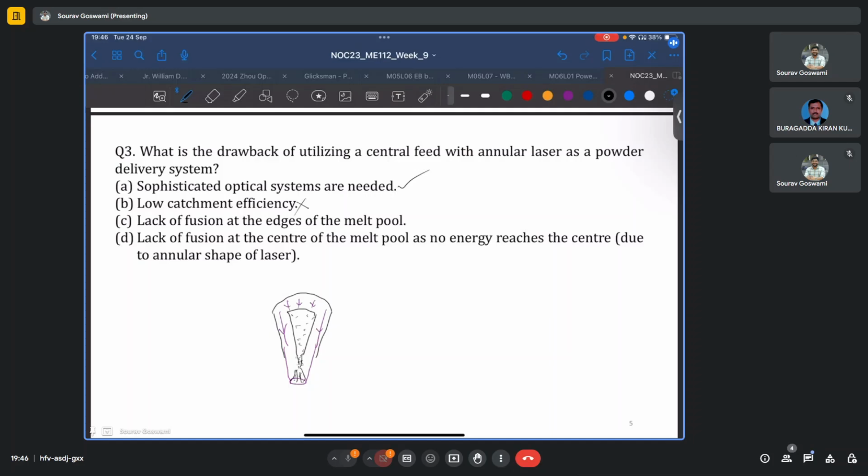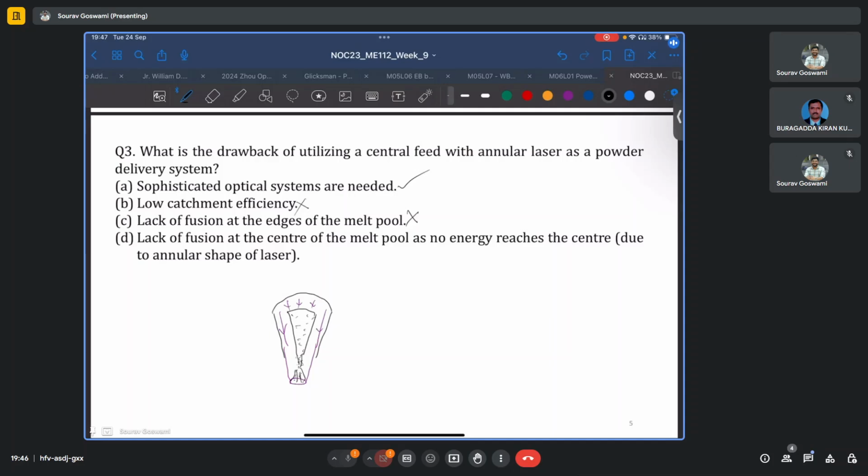Lack of fusion at the edges of the melt pool. This again is a characteristic of lateral feeding. That is when you have powder coming from only one side, you have a lack of symmetry. In this case, there will be no preferential lack of fusion at any of the edges. Lack of fusion at the center of the melt pool as no energy reaches the center due to annular shape.